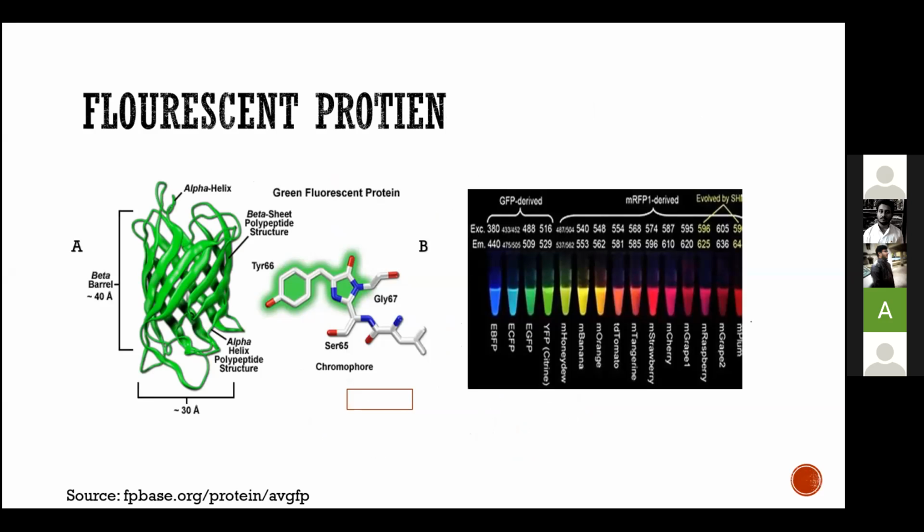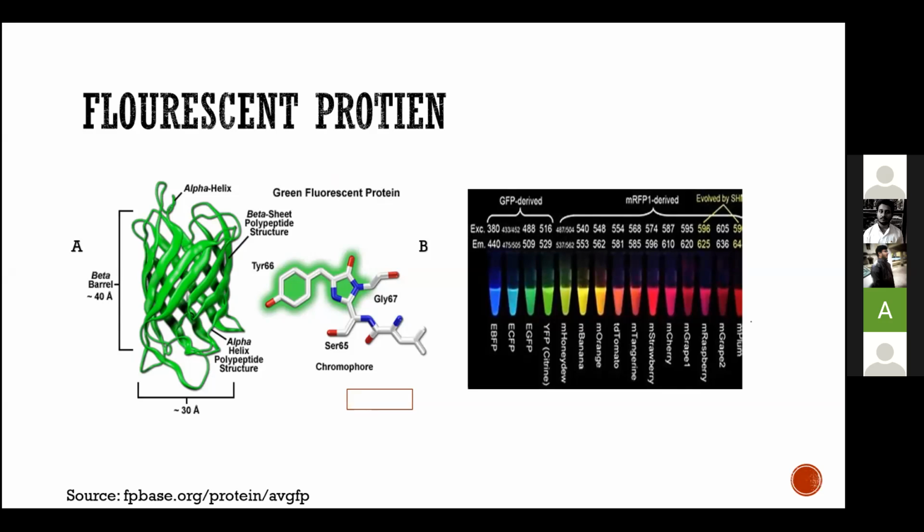So here is a toolkit for making a biosensor. First of all, we start with the fluorescent protein. What are fluorescent proteins? The first fluorescent protein was isolated from Aequorea victoria. You can go to the source, fpbase.org, linked down below, protein AvGFP.